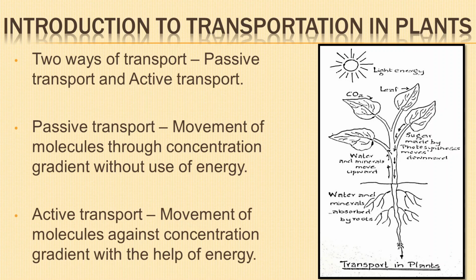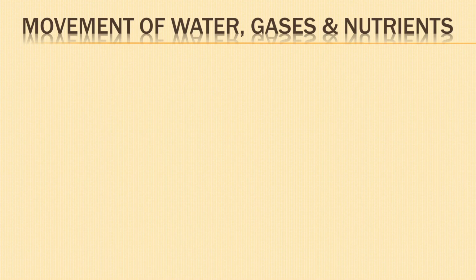Active transport is the movement of molecules across the membrane against the concentration gradient with the help of energy. Let us learn about the movement of water, gases, and nutrients.